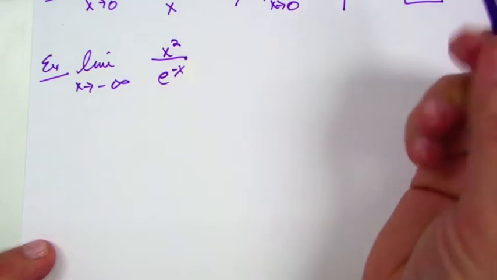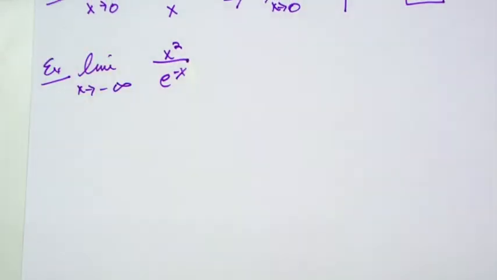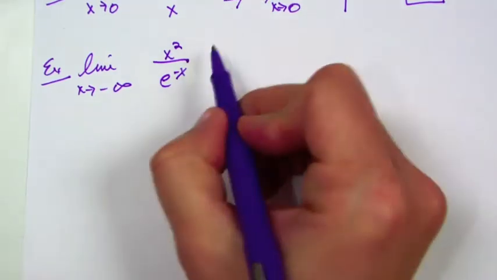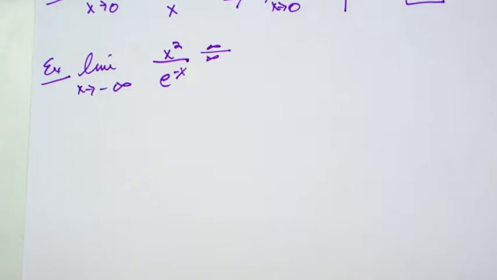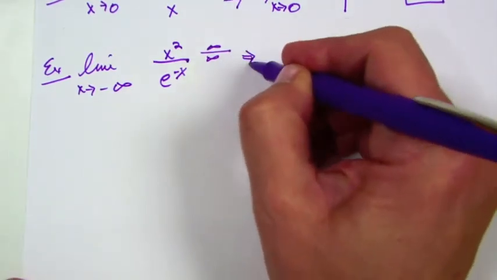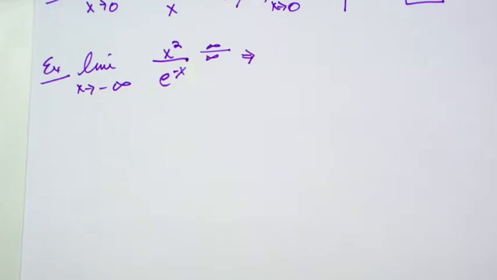So what do you get? Infinity over infinity, right? Okay, that's an indeterminate form that allows me to use L'Hopital's rule, right?